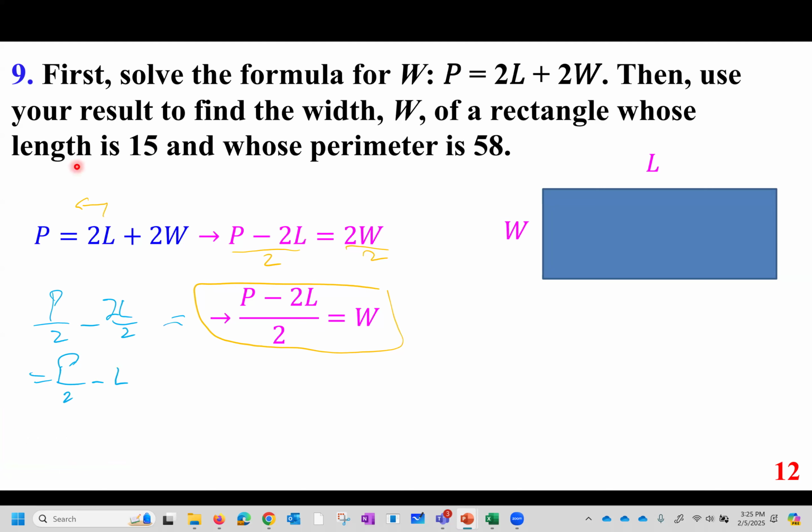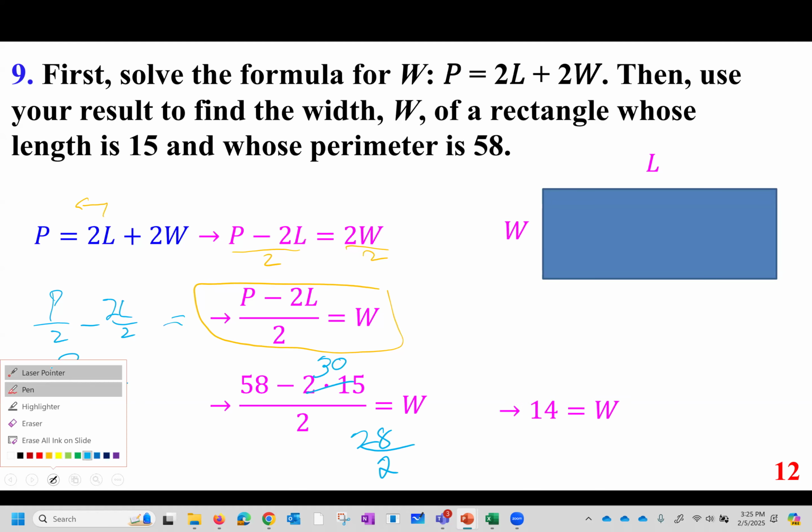Now, for the second part, the P is 58 and the L is 15. Two times 15 is 30. Subtracted from 58, you get 28 divided by 2. The width becomes 14.